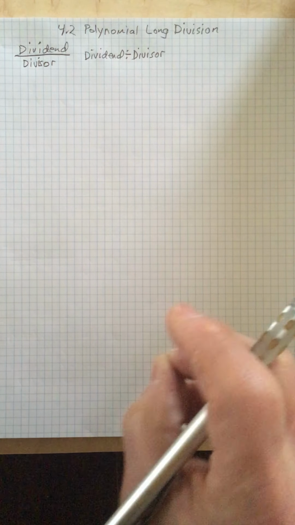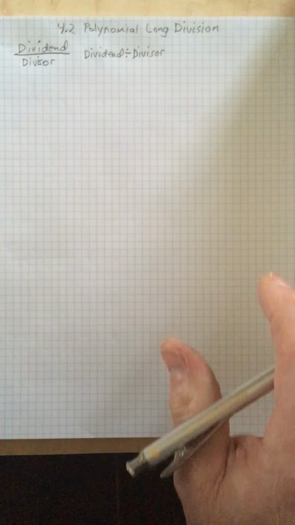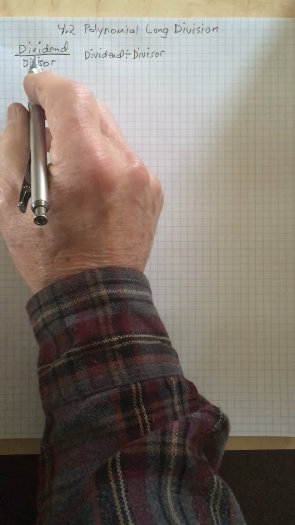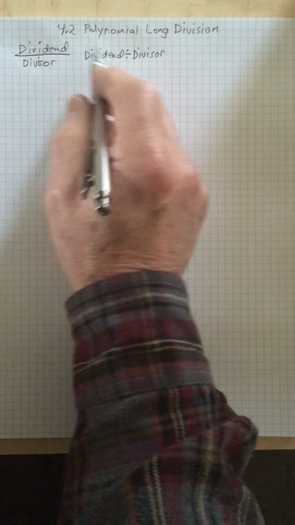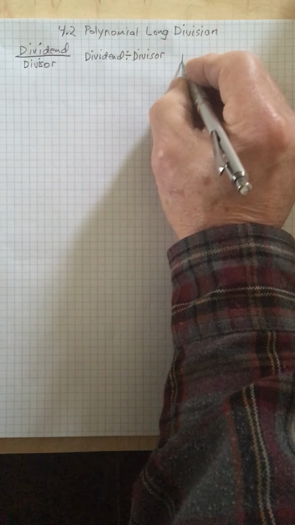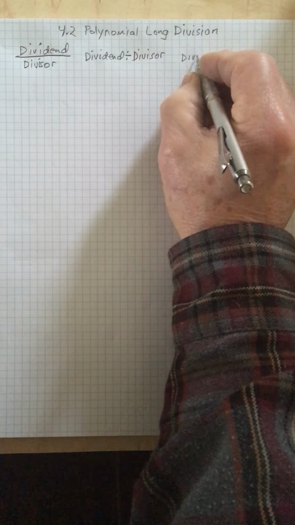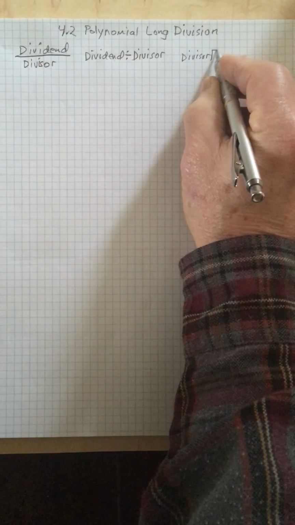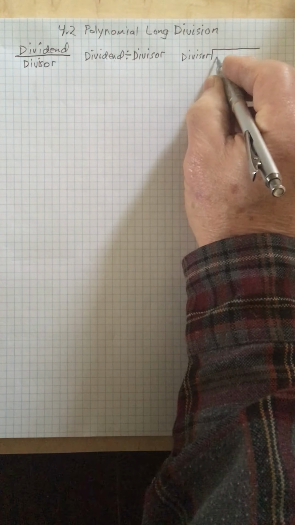What we're going to want to do when we do long division with polynomials, and also in the next example with numbers, is we need to take either one of these problems and convert it to this format. The divisor divided into the dividend.